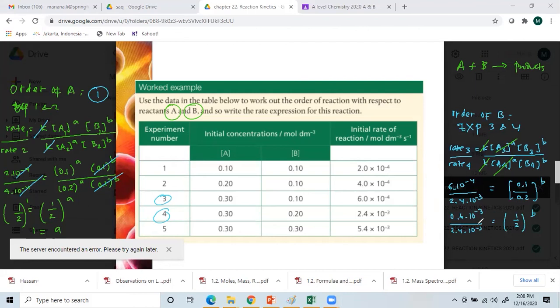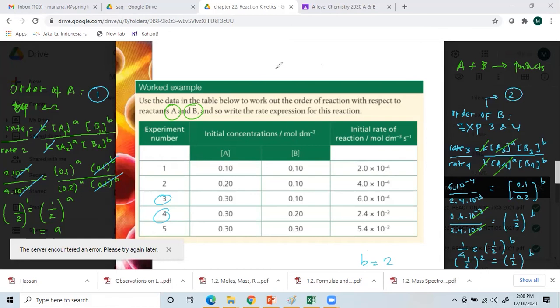Once again, we can cancel this with this. And this is 1 over 4 equals half to the power of b. 1 over 4 means half to the power of 2 equals half to the power of b. So b equals 2. So the order of B is 2, the second order for B.